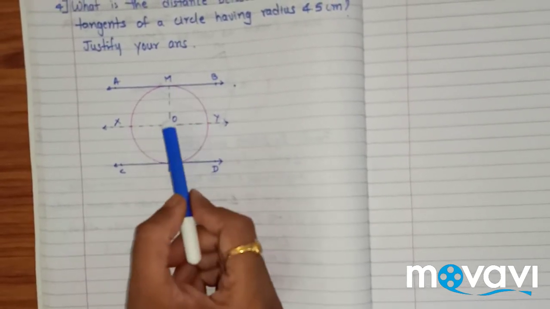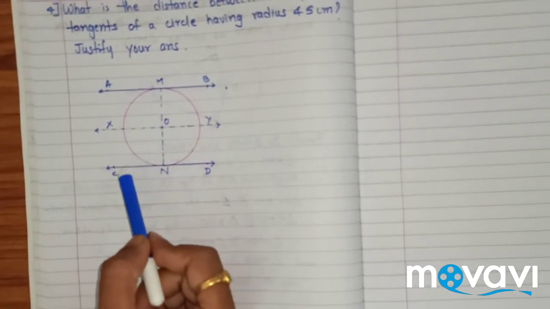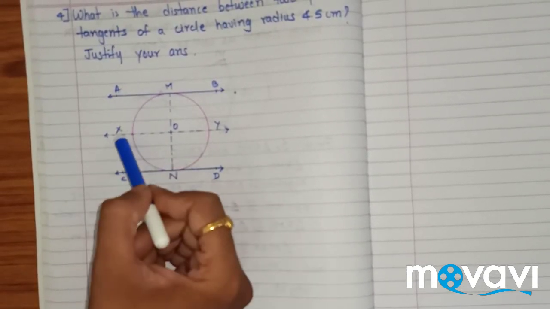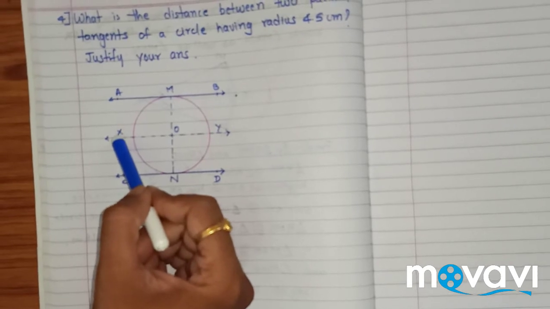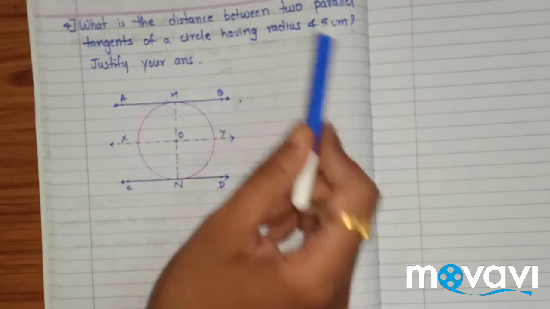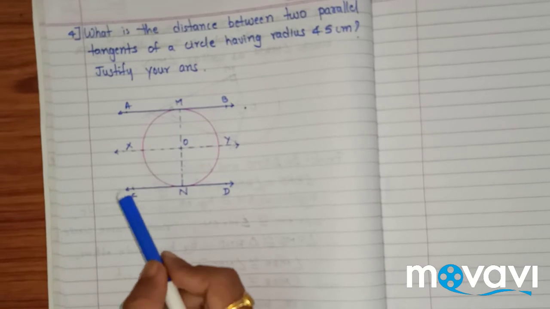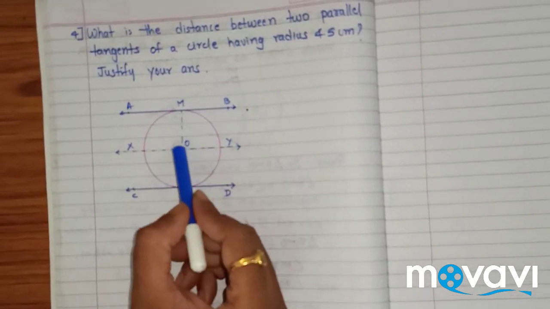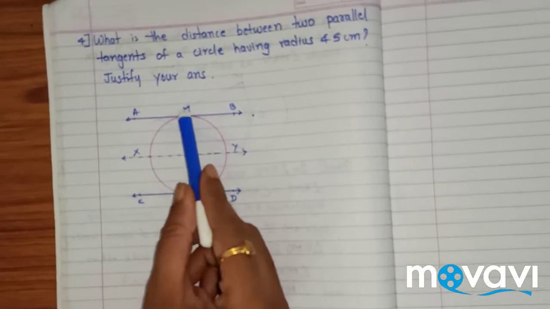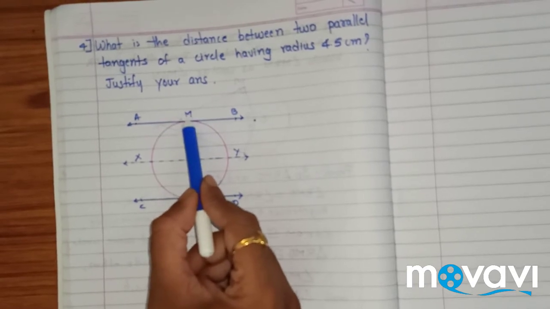Now what happens with this? These two lines are parallel, plus this will be parallel to the third line, the second tangent. Why? Because by construction XY is parallel to AB, but AB is parallel to CD is already given to us. So these three lines are parallel to each other. Now if I draw OM, from the center to the point of contact, this becomes 90 degrees.